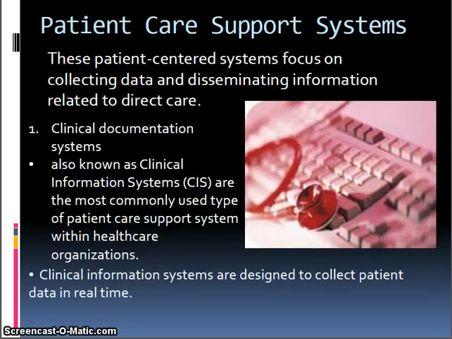Next, we discuss the patient care support system. This patient-centered system focuses on collecting data and disseminating information related to direct care, and clinical documentation is also maintained in it.